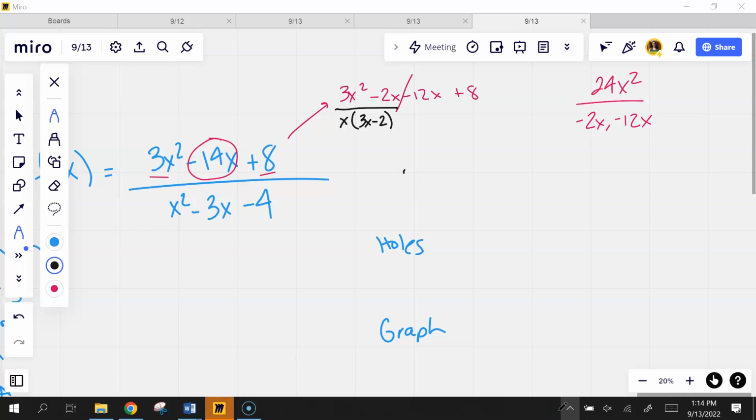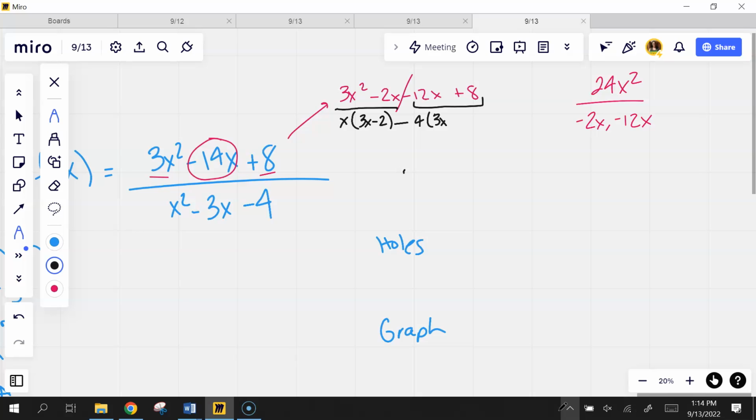I'm going to keep the middle sign, and now I'm going to do the same thing. What's the GCF here? In other words, biggest thing. Negative 4. If you take negative 4 out of here, it should leave you with 3x.